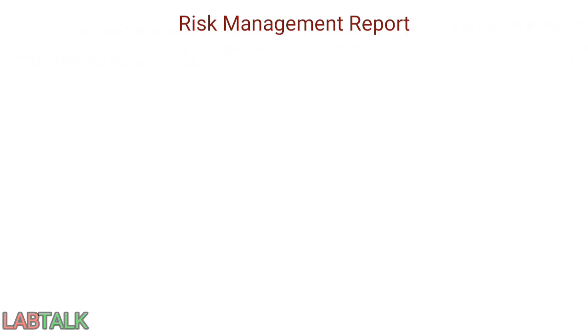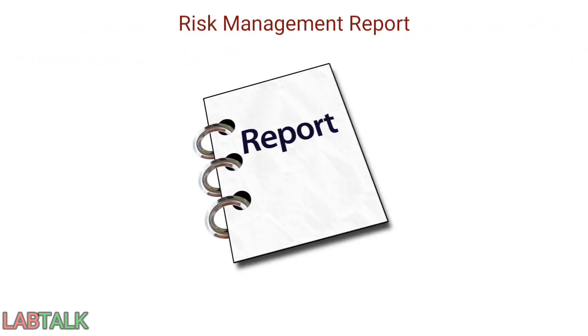Now the last aspect of this risk management review is preparing a complete risk management report. The result of this comprehensive risk management review must be recorded in a risk management report. And what are the basic summaries that must be included?